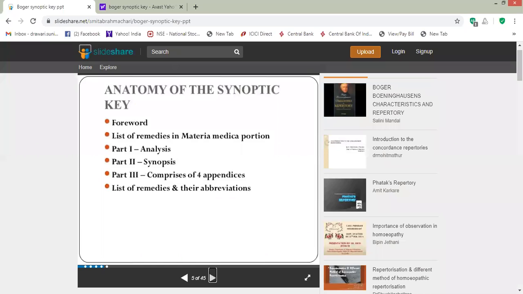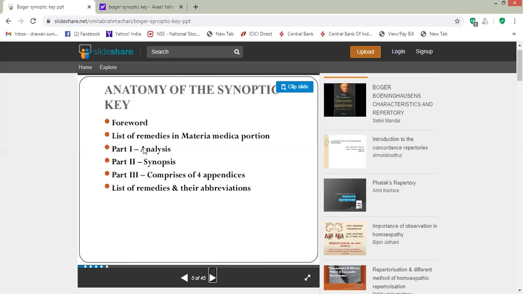Then anatomy of the synoptic key. How it was arranged, or arrangement of this synoptic key, plan and construction of this synoptic key. First we find the forewords, then list of remedies in materia medica portion.